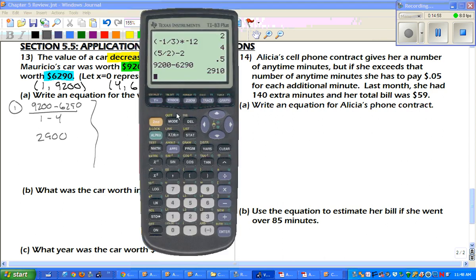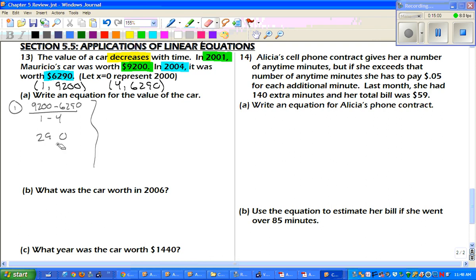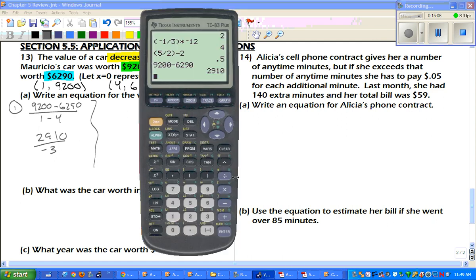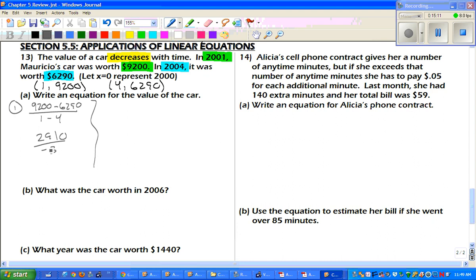Let's just make sure I wrote that down right. Oh, good. 291 over negative 3. Let's divide that, and we get negative 97 as our slope. Okay, and that's good because the first one says it decreases, and that's a decreasing slope.